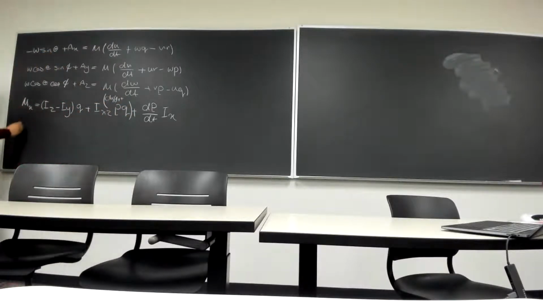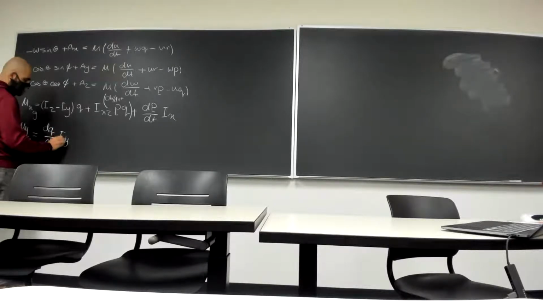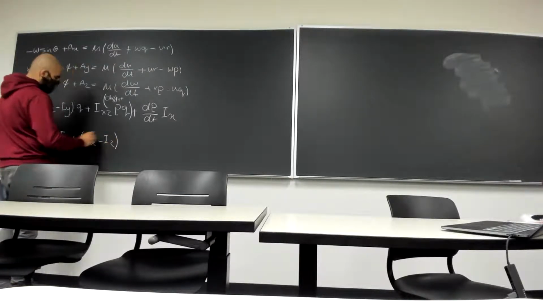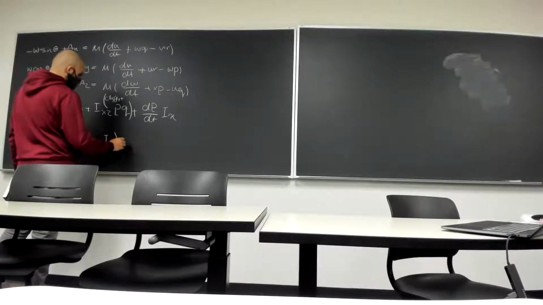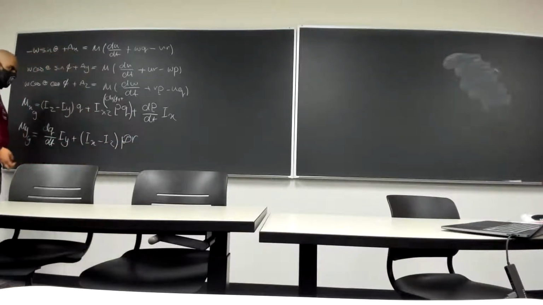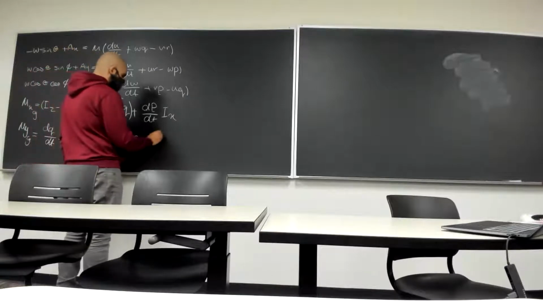Okay. What else? MY about the CG is equal to dQ/dt Iy plus Ix minus Iz, all that times PR, plus Ixz times P squared minus R squared.